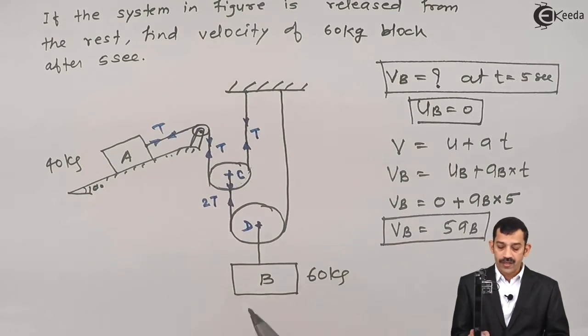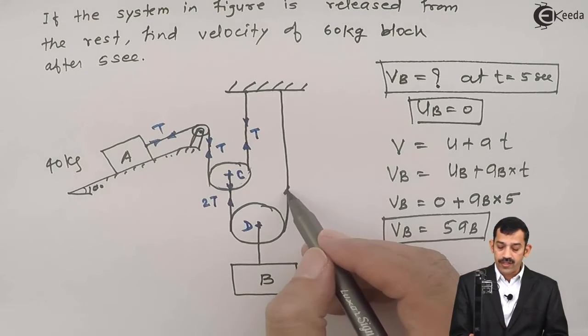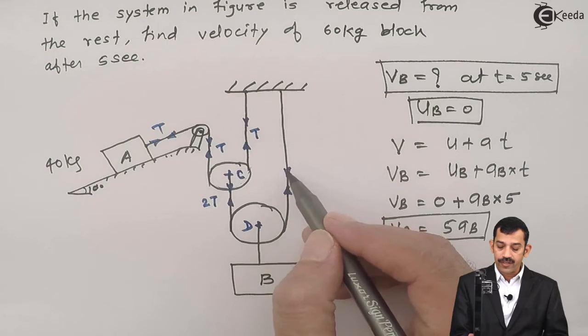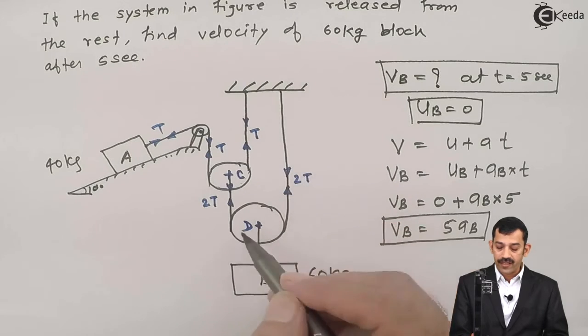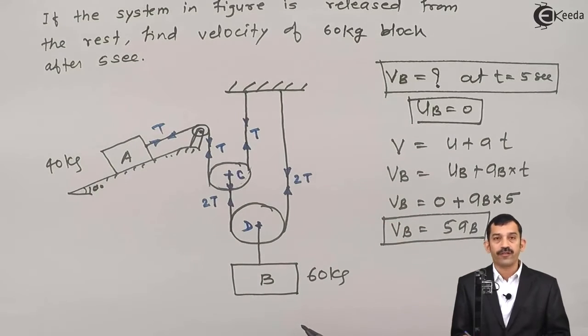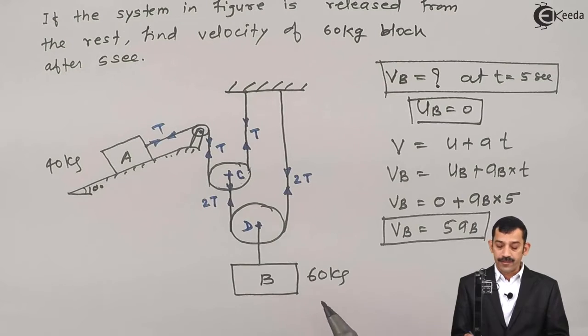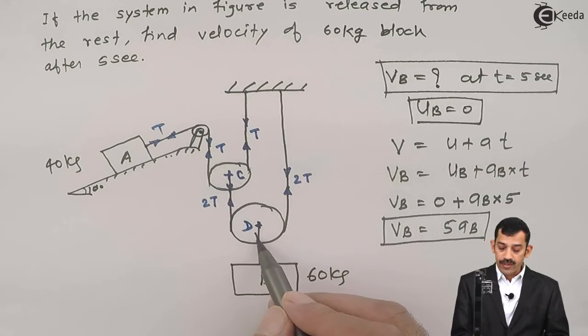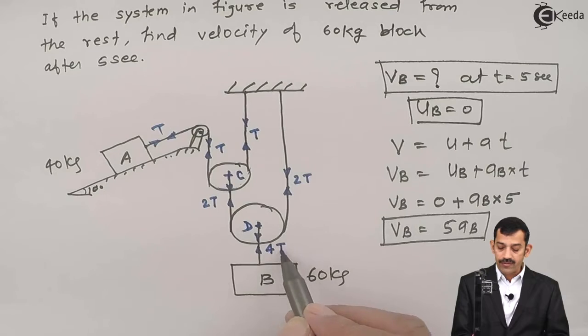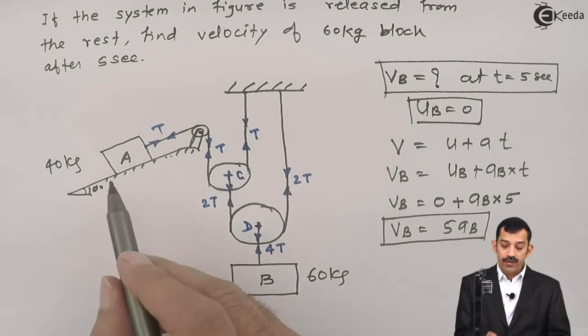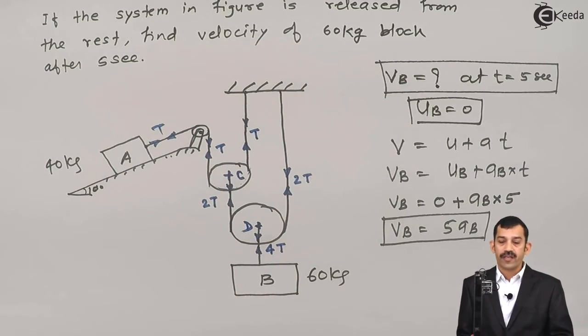Twice T. Now the same string passes over pulley D. Therefore the tension on the right-hand side is again twice T. The pulley is frictionless, therefore the tensions on both sides are the same. To balance 2T and 2T, a tension of 4 times T is developed. That means on block A, 1T is acting, and on block B, 4 times T is acting.